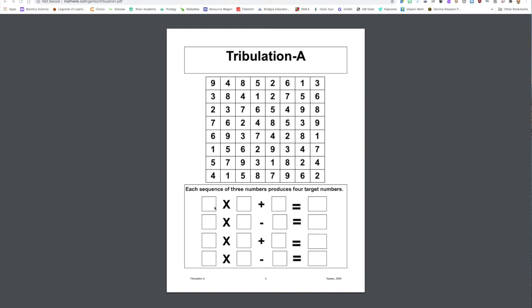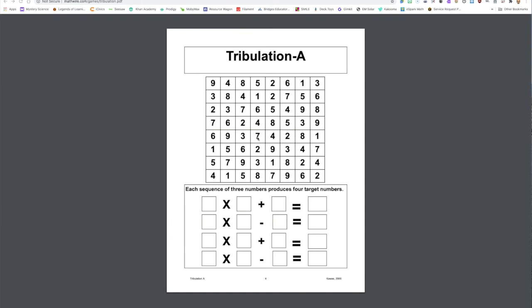So what you have to do is use three numbers, multiply the first two together, and then you can either add or subtract the third number to get your target number of 30. So here, if I'm looking around, let's see, 6 times 3 is 18. No. Oh, I could go 8 times 4 is 32, minus 2 is 30.